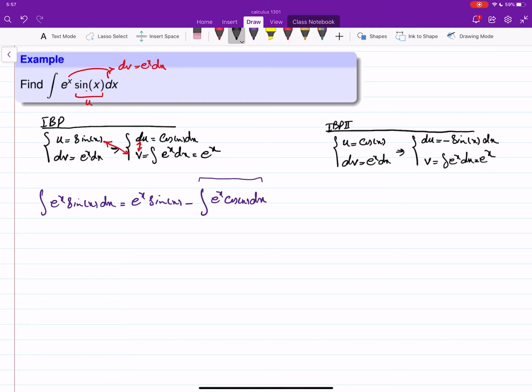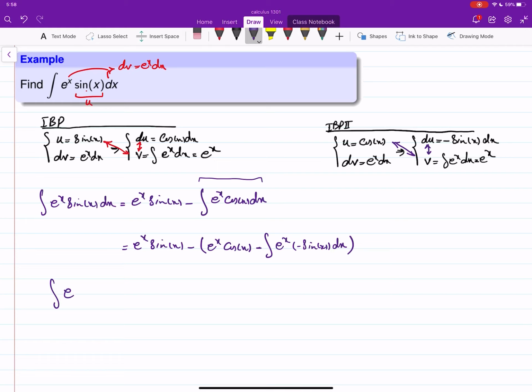So now I apply integration by parts for the second time. So uv here is e to the power x cosine x, minus the integral of v du, e to the power x times minus sine x dx. Okay, let me simplify everything.